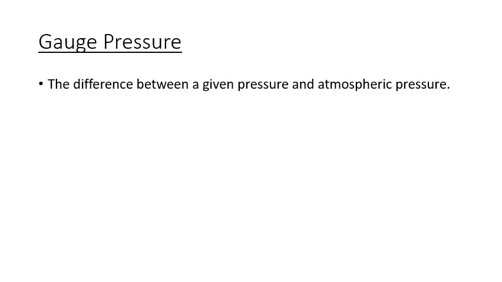So in many cases we are interested in the difference between the given pressure and the atmospheric pressure. That means if you take the pressure difference between a pressure P and the atmospheric pressure, we name this the gauge pressure. For example, if you have a flat tire, the pressure is not 0.